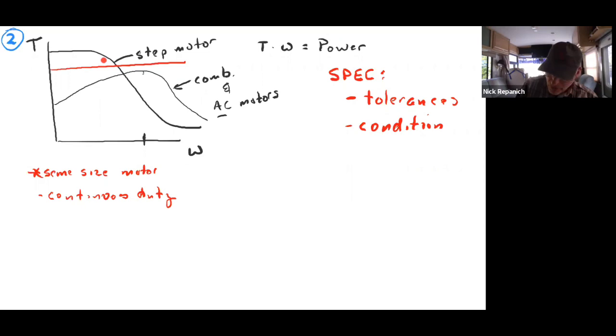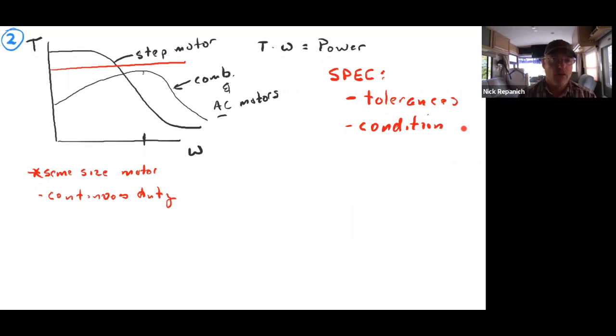So you've got to start paying attention to tolerances and conditions when you hear a spec. What temperature was that taken at? Was that at 25 degrees C? Because we know that what limits a motor is how much it heats up.